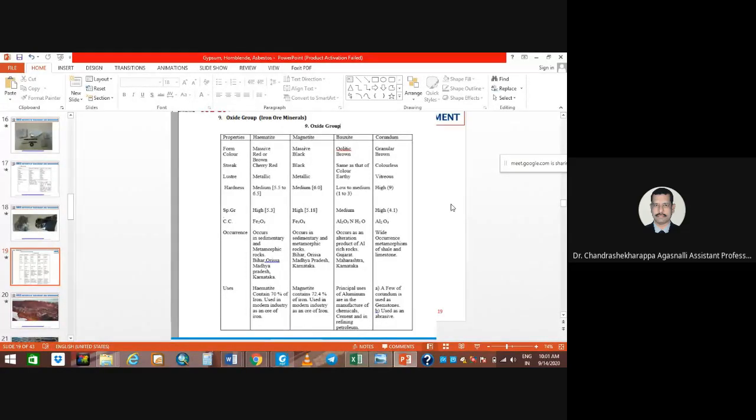What are the market conditions, what does the market require, and what is the hematite price in the market? Based on that, we can assess that yes, this mineral is viable for extracting or mining in the present market scenario. That is called a feasibility report.